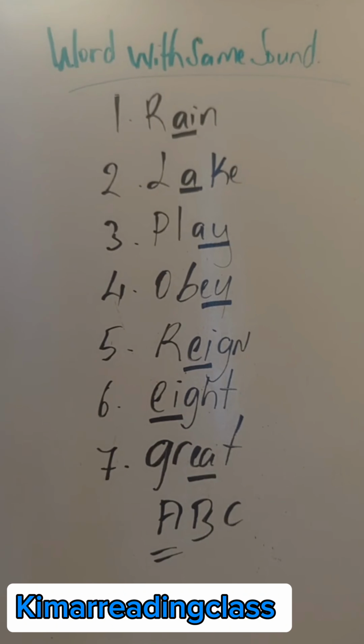As I say, all the sounds are A in all of those words where you see my underline, whether it is spelled with one letter or two letters. It's still A. So can we look at the first one?